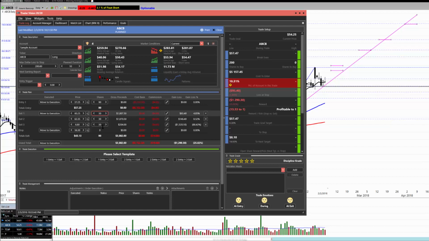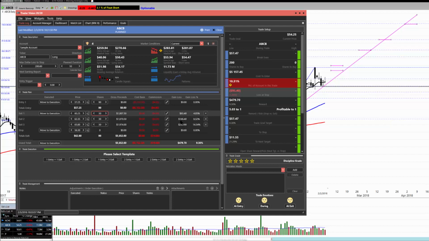I guess it would, 65.80. That's better. Okay, so $83 at the first target, which is less than 5%. At the second target, we're making 146, which is 8.5%.